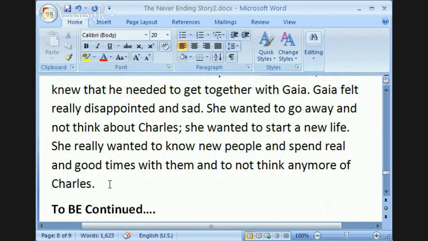What next? What is Gaia going to do? Buy a plane ticket to Rio de Janeiro, or what is she doing? Maybe not think anymore of Charlie, who only wanted dreams and dreams. You're continuing the sentence here? Who only wanted dreams and dreams.